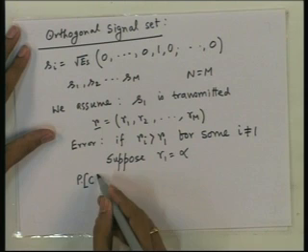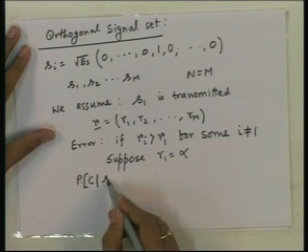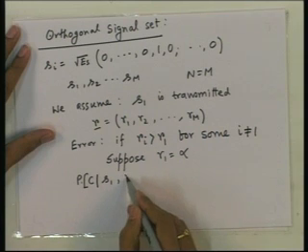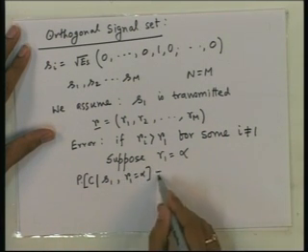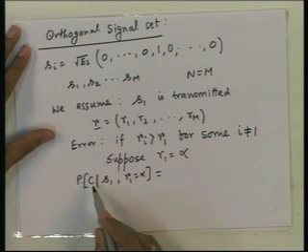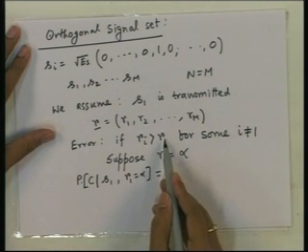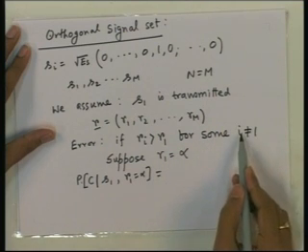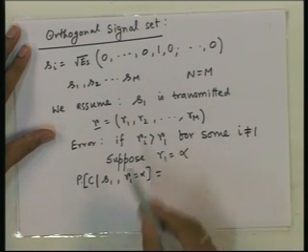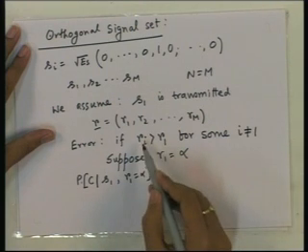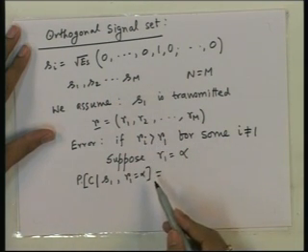So, probability of correct detection, given that we transmitted S1 and we received R1 equal to alpha: the correct decision will be made if each Ri is less than R1 for every i not equal to 1. So, there are m minus 1 such values of i.